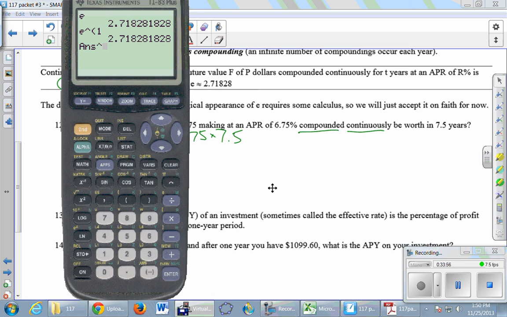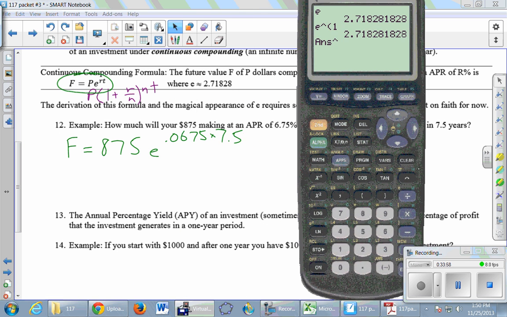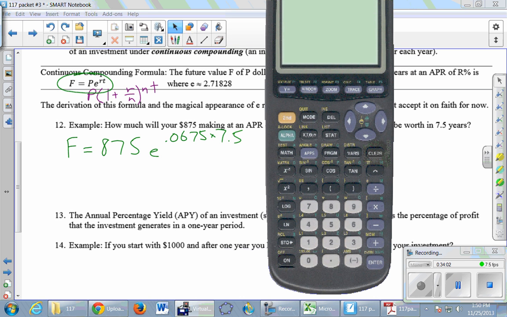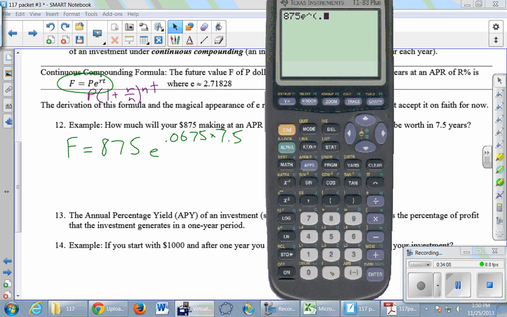I will do it on my calculator here. You can just do the whole thing in one shot, but be careful. That power needs to be in parentheses. On many calculators, it's automatic. So it should look something like that. Again, the power needs to be in parentheses, but it probably is if you're using a button on your calculator.